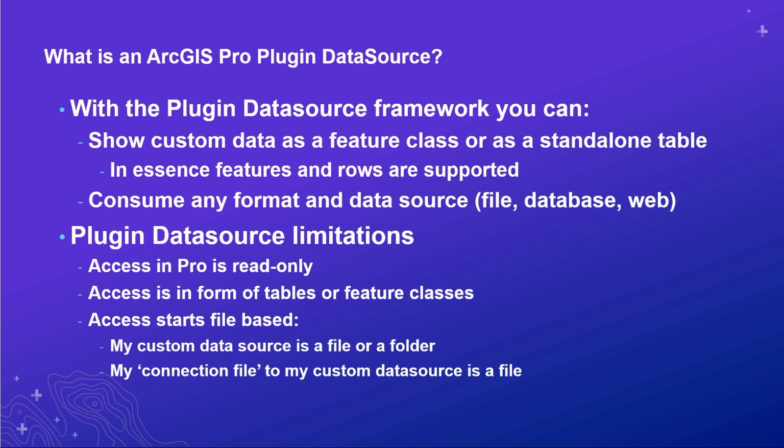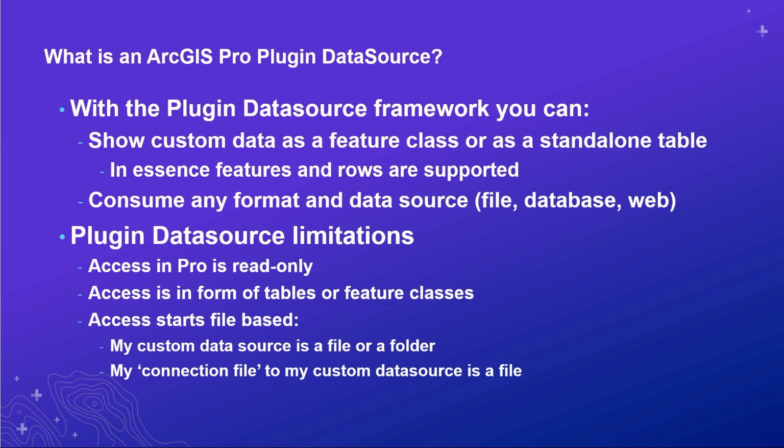There are some limitations for plugin data sources. So for example, access in Pro is read-only. You cannot write back to a plugin data source. Access is always in form of tables and feature classes. So like I said, no raster or anything like that. And also, your access should always start file-based, meaning it starts with some type of file or folder.